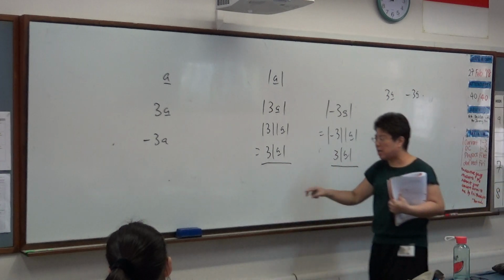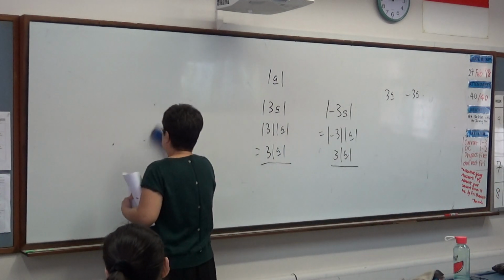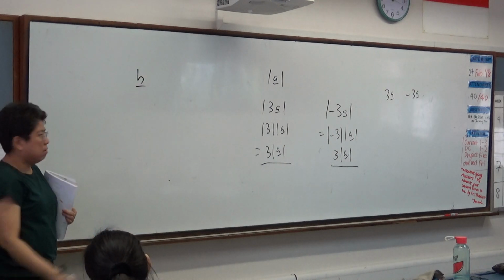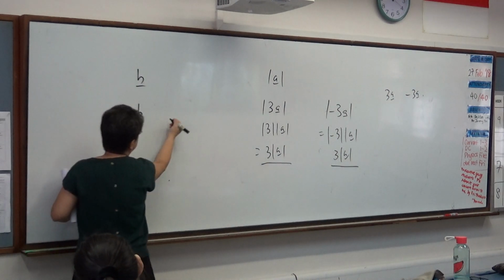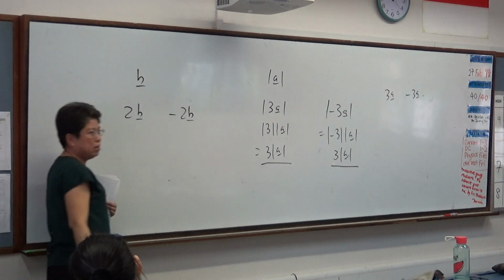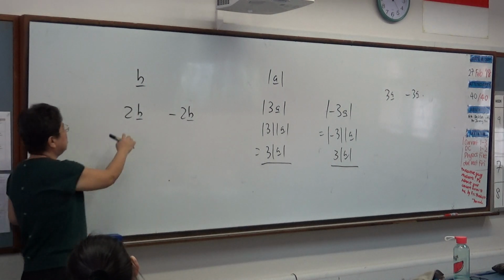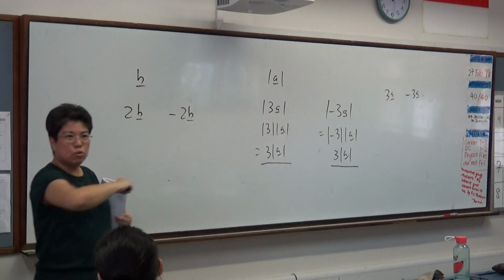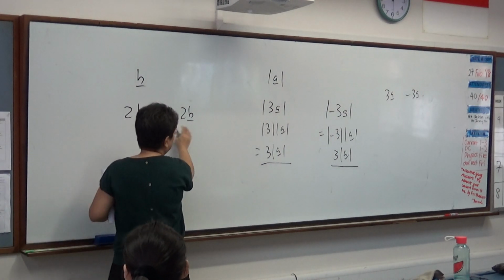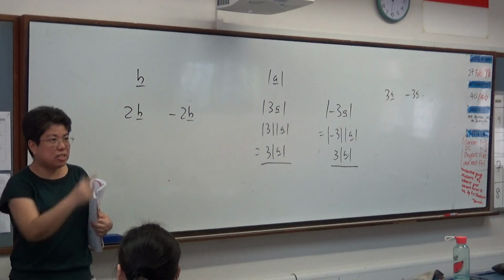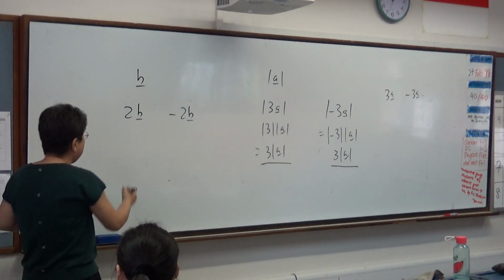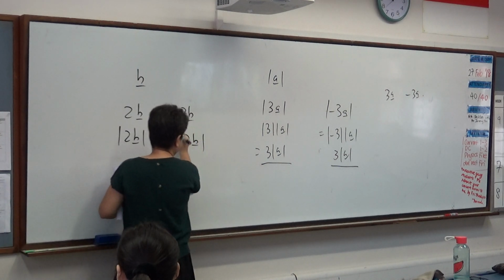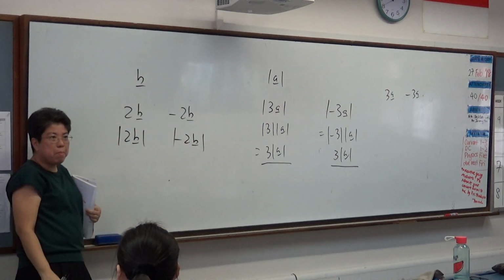Okay, if you cannot understand, I repeat again. One more time. If I have B, let's say, right? 2B and negative 2B. What's the meaning of from B how to get to 2B? Twice, right? Do you agree that negative 2B is also twice? But it's just opposite direction. So if I take the magnitude of this one, do you agree actually they are the same?